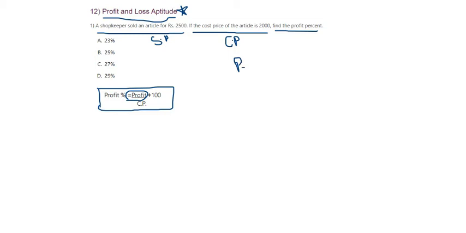So profit, we have another formula for profit, which is selling price minus the cost price. So when you subtract 2500 minus 2000, you get 500 as your answer, which is nothing but your profit.